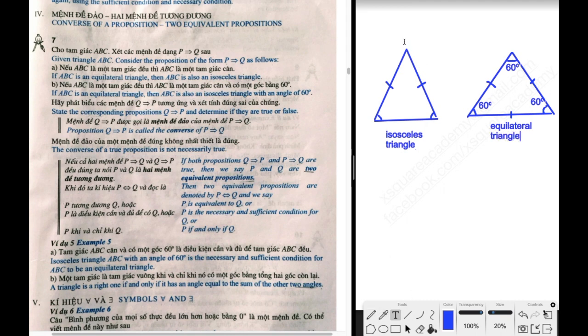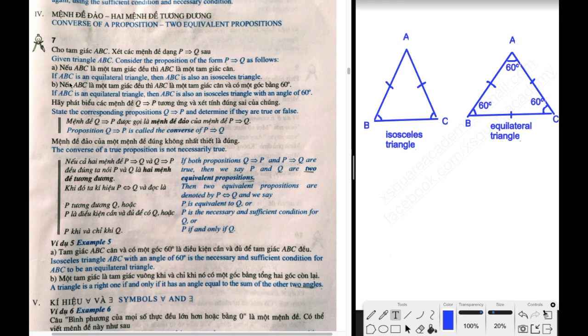I add three vertices: A, B, C. So determine if they are true or false.